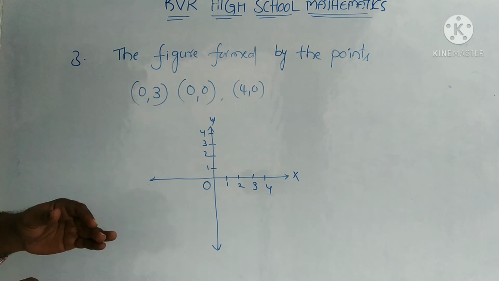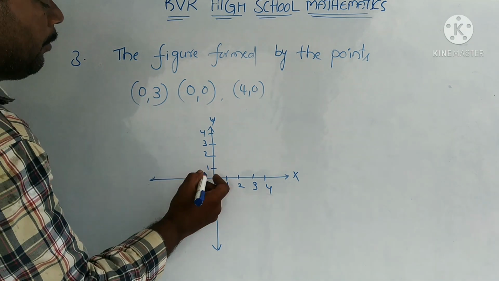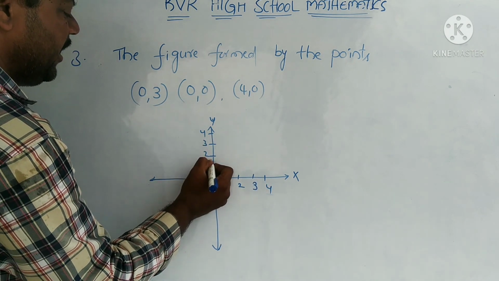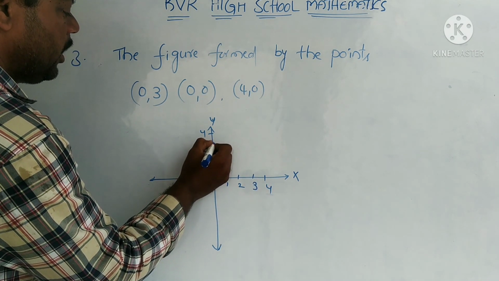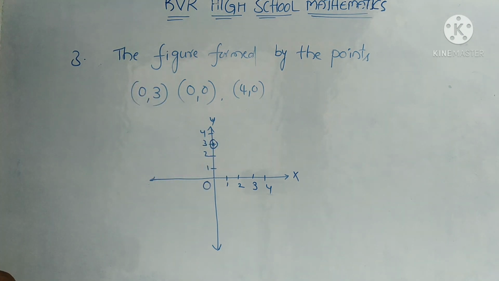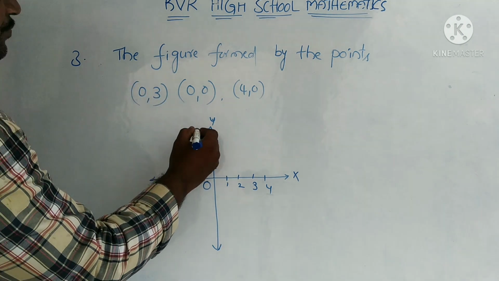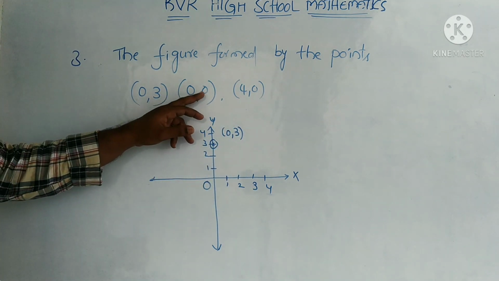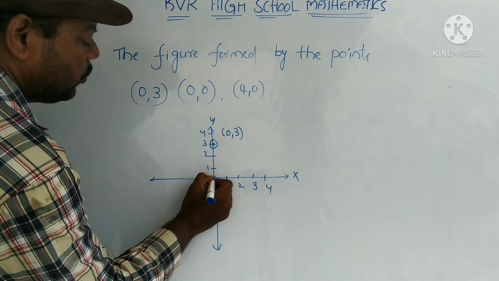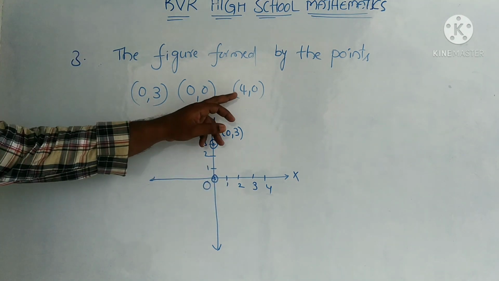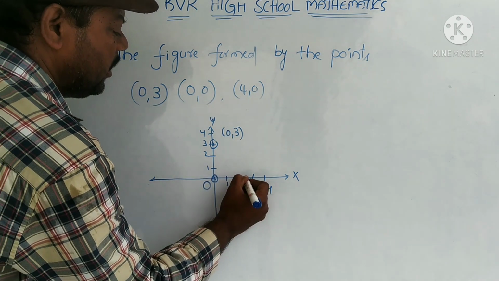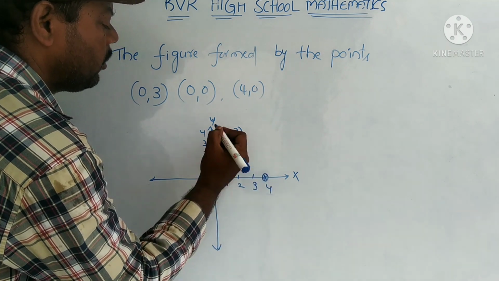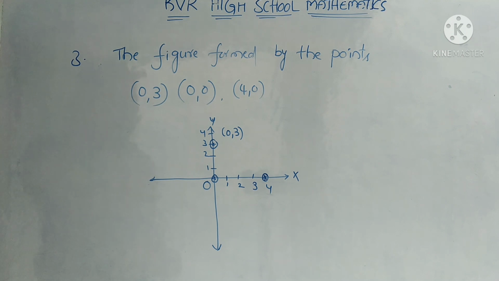Where is the position of (0, 3)? Horizontally 0 units, vertically 3 units. That means (0, 3) lies on the y axis. Next (0, 0) means origin. Second point (4, 0): horizontally 4 units, vertical distance is 0. That means (4, 0) must lie on the x-axis.